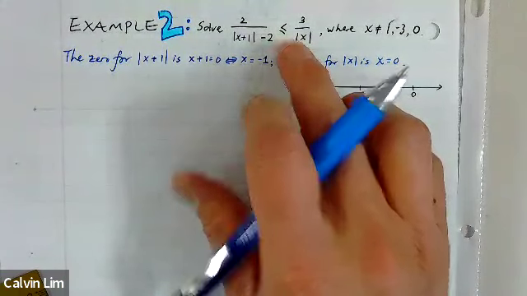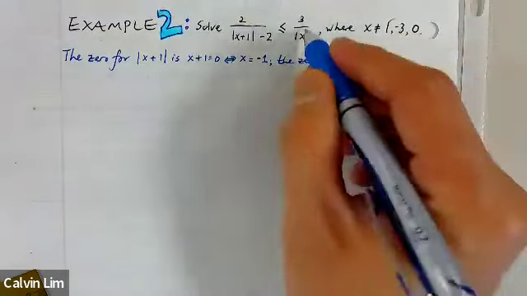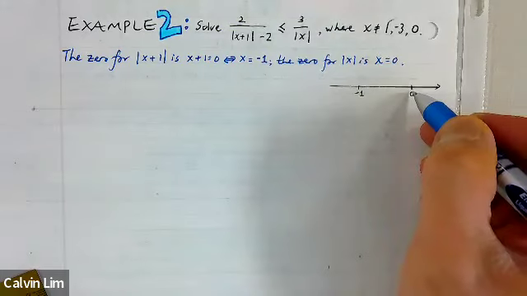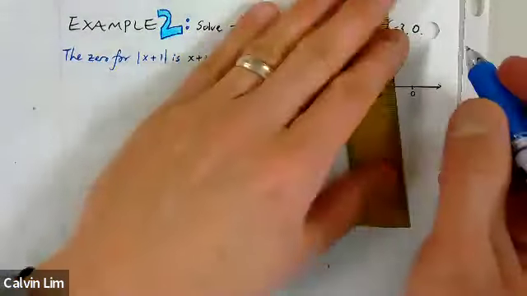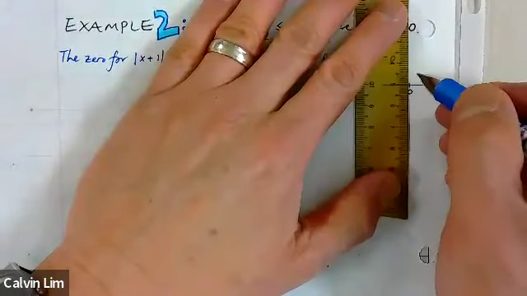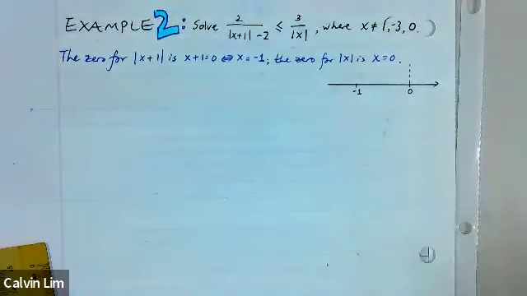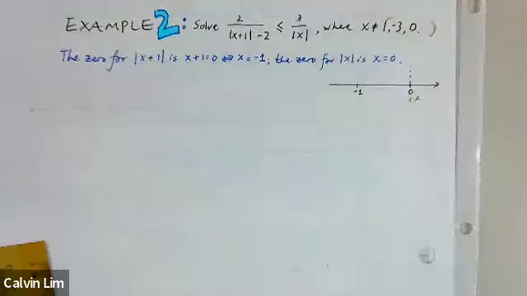Vertical asymptotes. 0, which is a 0 for the absolute value expression. Is this a solid point or is this a vertical asymptote? This is a vertical asymptote, right? So I am going to draw a dashed line to serve as a little reminder of the vertical asymptote.